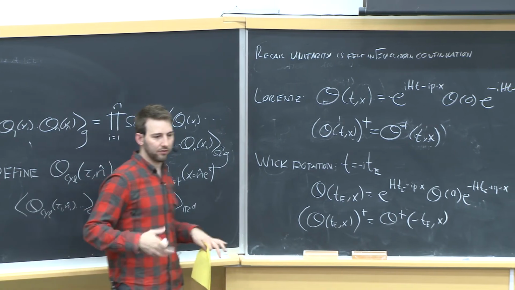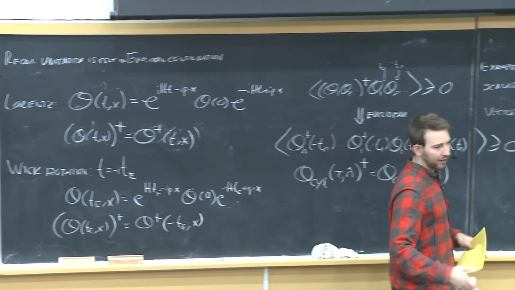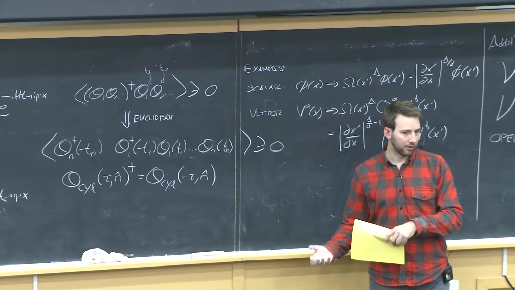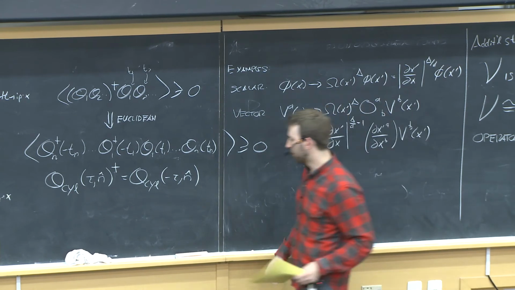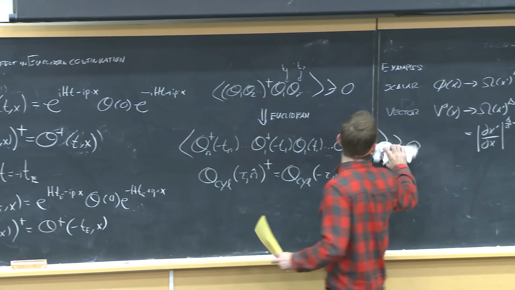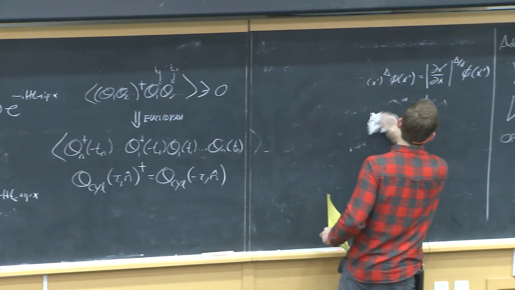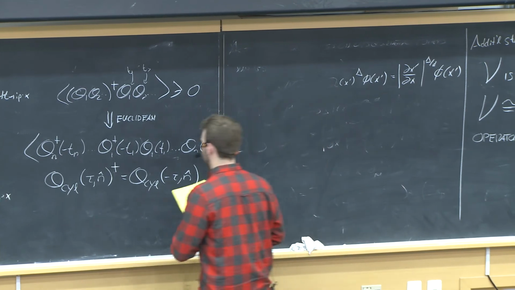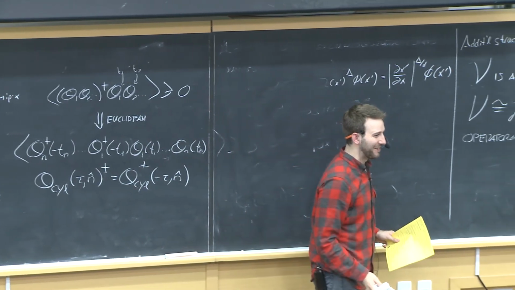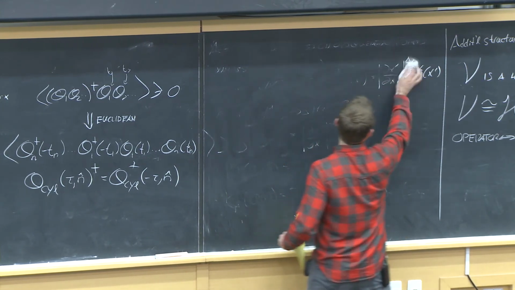So this tells me that even the operators in flat space I can think of as acting in some definite way relative to this Hilbert space structure. I know how to do the Hermitian adjoint of an operator acting on the Hilbert space when my operator is formulated in R^d. Yes. The question was, am I assuming that O is self-adjoint? And I was until I changed what I'd written.